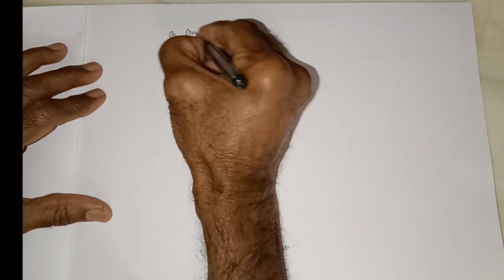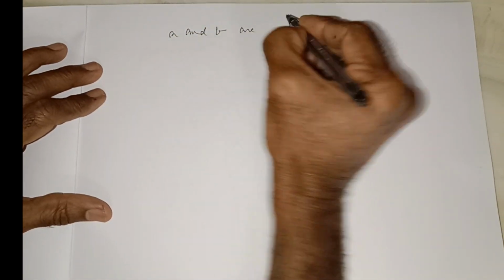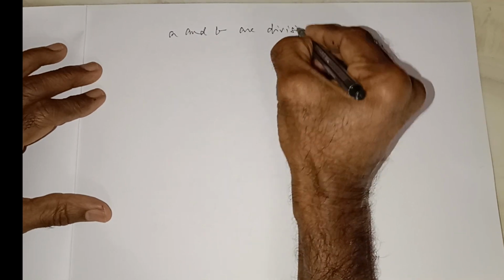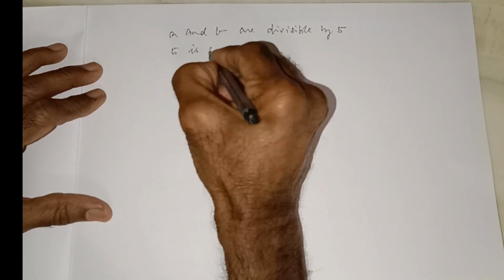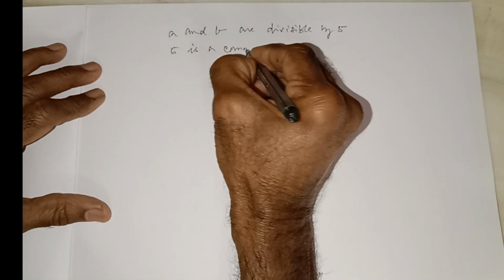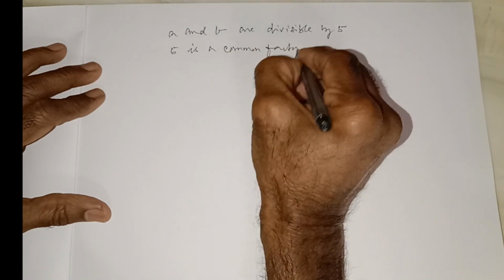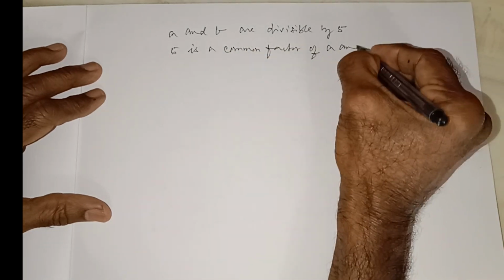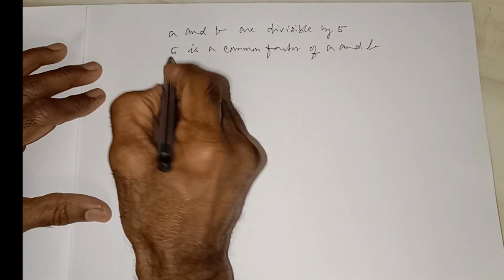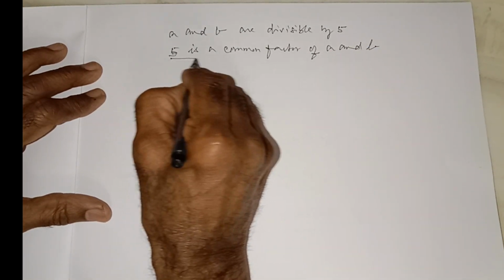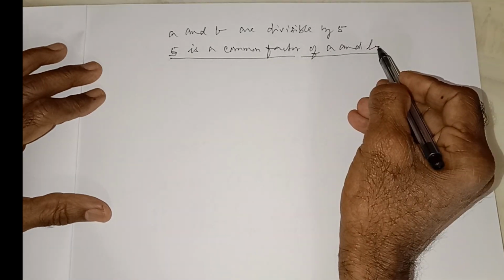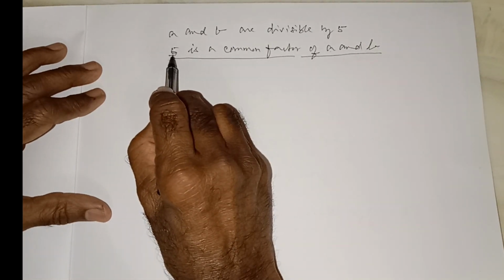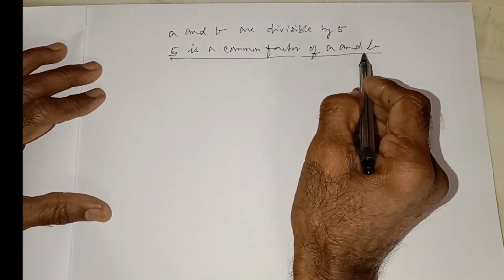If a and b are divisible by 5, that means 5 is a factor or a common factor of a and b. Now this is one sentence which proves that we have assumed wrong. If a and b are co-primes, that should not have any other factor as common other than 1. But here we have proved that 5 is a common factor.